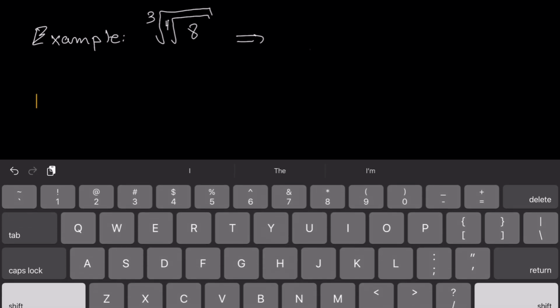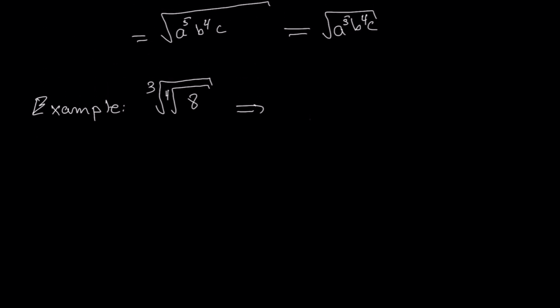So the procedure here is, we will see what degree is the first root and what degree is the second root. What will happen is, it will be 3 times 4. We have to multiply the roots, and the radicand stays the same. That will give me 3 times 4 is 12. Root 12 of 8. So that's how we get the answer right here.